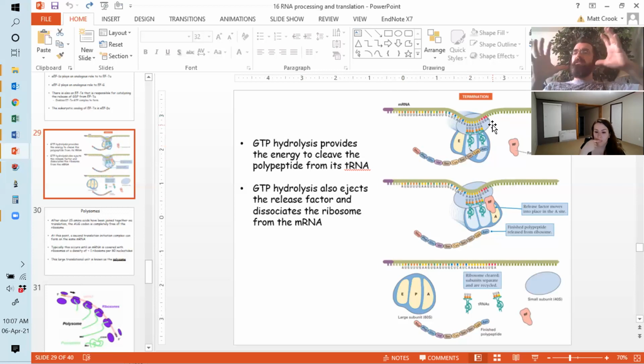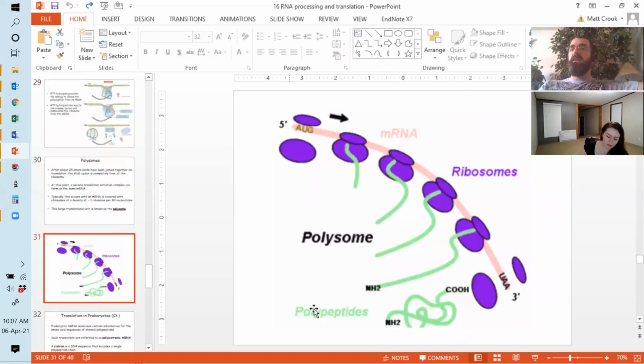As soon as the physical mass of this ribosome has moved away from that start codon and has cleared it, another small subunit can either assemble over it if it's a prokaryote, or process onto it if it's a eukaryote, and start translation again. And this creates what's called a polysome, which you can see here.